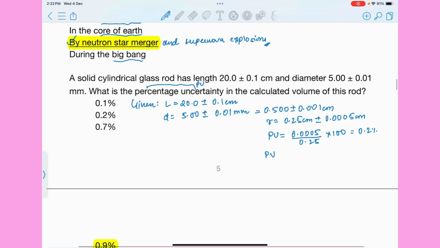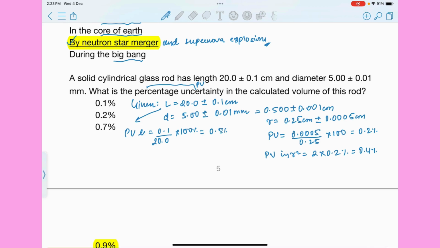Now the percentage uncertainty in r square will become 2 into 0.2%, that will be 0.4%. Now let's check the percentage uncertainty in the length. Percentage uncertainty in length will become 0.1 upon 20 into 100, that will be 0.5%.